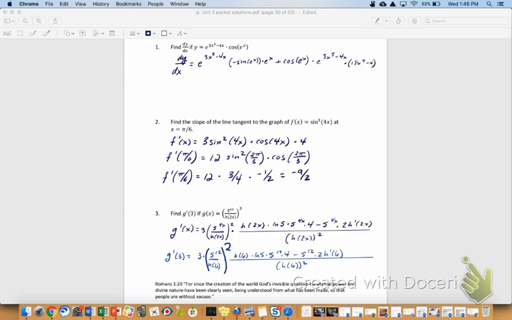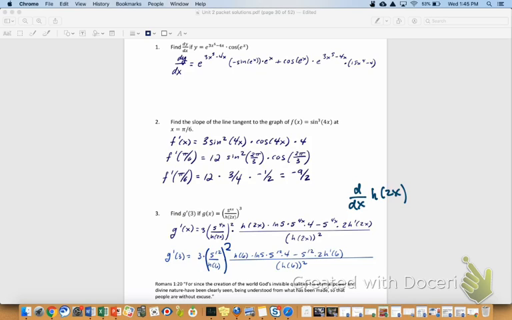If I'm going to do d/dx of h of 2x, I need to recognize that it's composite, and the big outside box is h, and the little tiny box on the inside is 2x. So I need to do a chain rule.